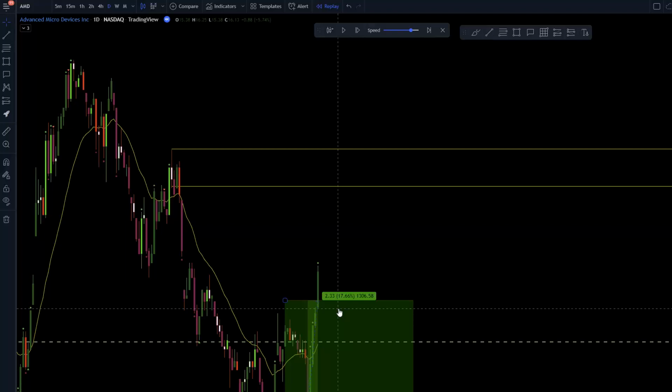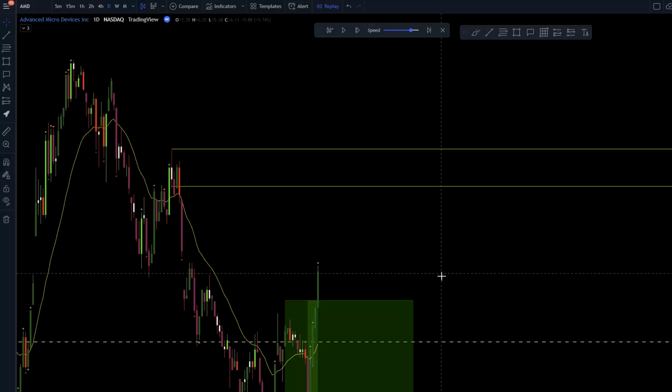I'll just make my general entry. It was very close, almost. Could have missed the trade by a few pips.